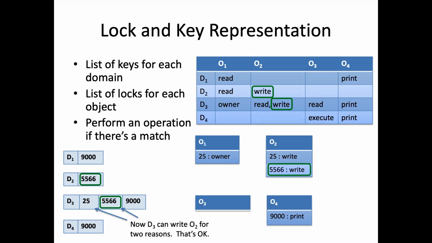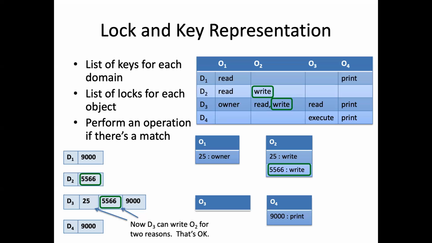Let me try and say that again. We can give out keys to domains and then later revoke some of those keys. But if there are other keys that let you still access those objects, then you should still be able to exercise those rights. I've got a later slide that hopefully tries to make this make more sense.